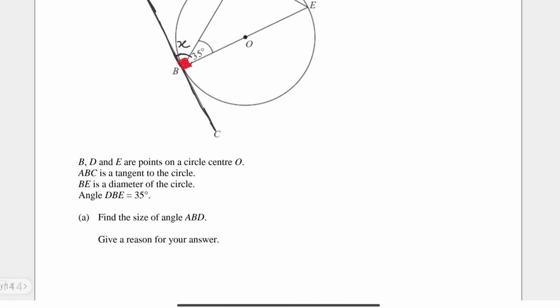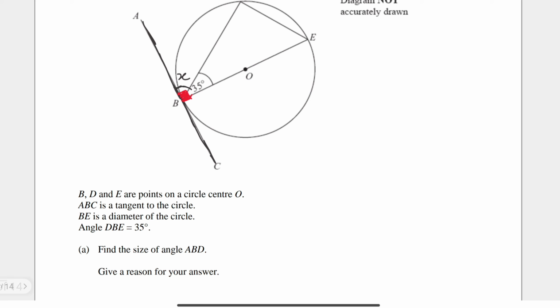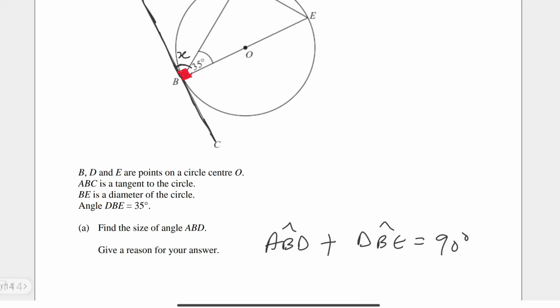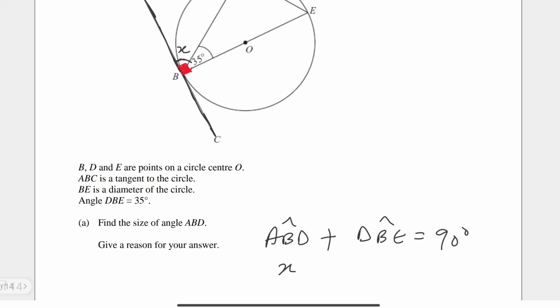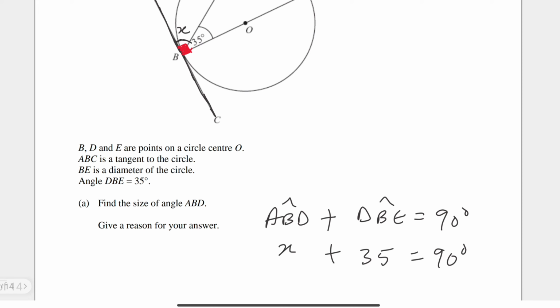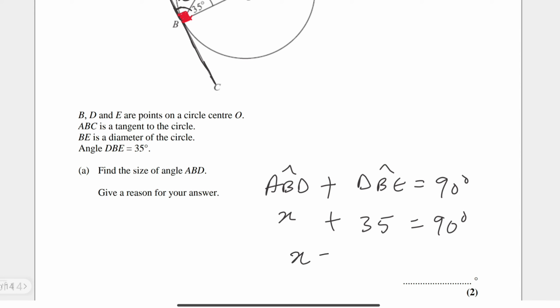So it only makes sense that ABD plus DBE is equal to 90 degrees. So X plus 35 equals 90 degrees, and that implies that X is 90 minus 35, which is equal to 55 degrees. So X is 55 degrees.